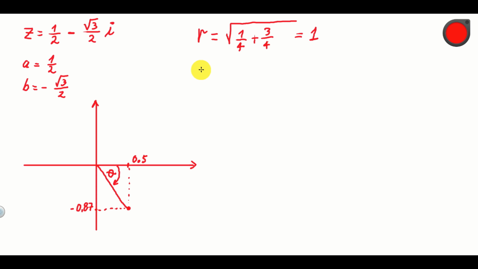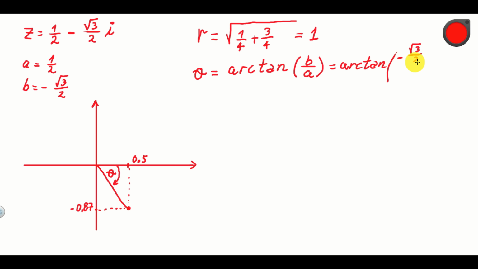Next, we need to compute theta. This is the fourth case that's equal to the first case, and we can simply write theta is arctan of b over a, and this becomes arctan of b is minus square root of 3 over 2, and a is 1 over 2. And as the result, we obtain that theta is arctan.